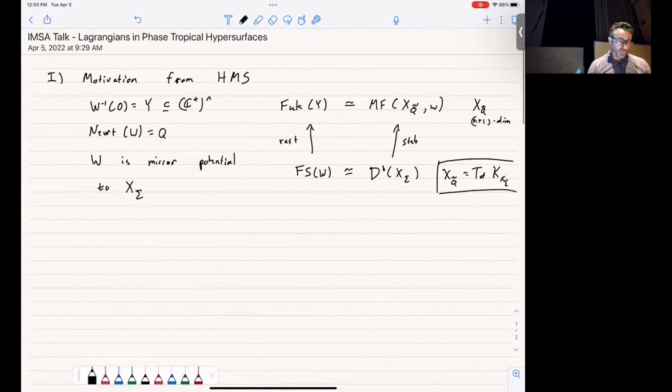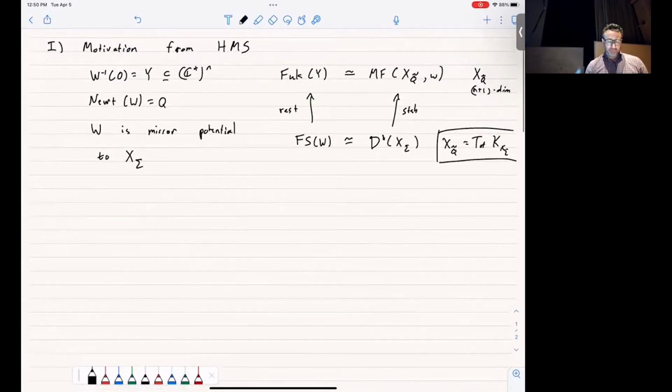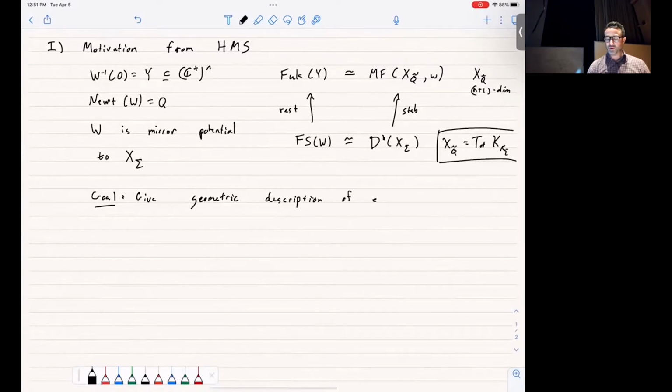Okay, so a goal is to maybe produce, one, a geometric description of functors, maybe equivalence. And two, to produce combinatorial versions of these categories.